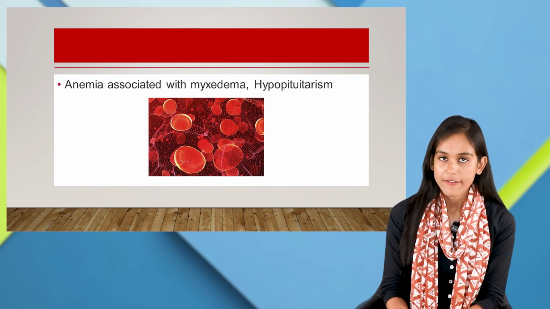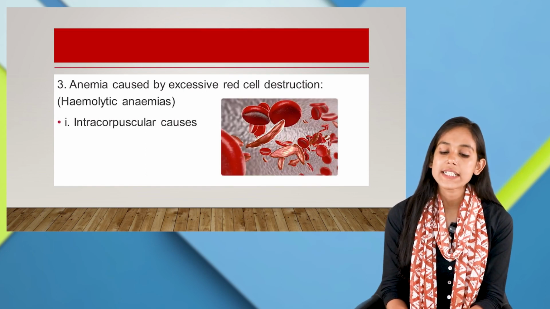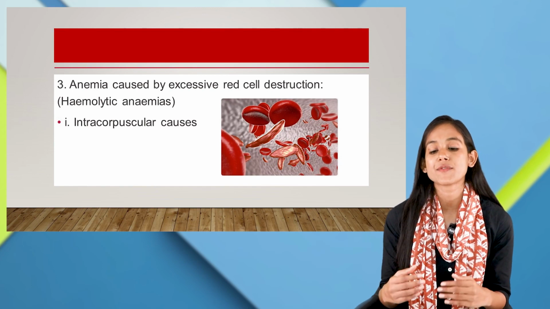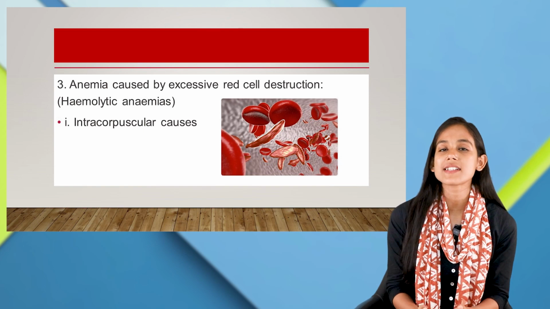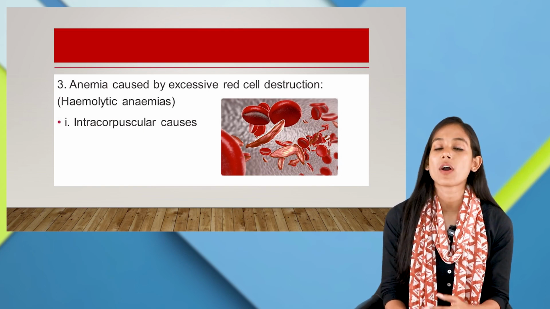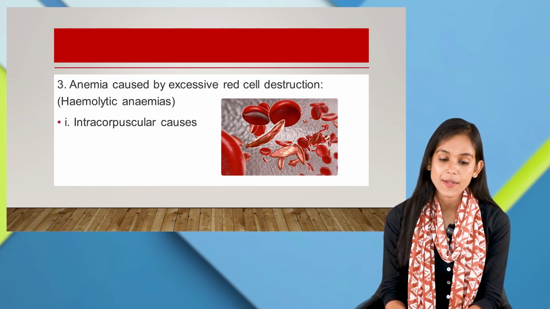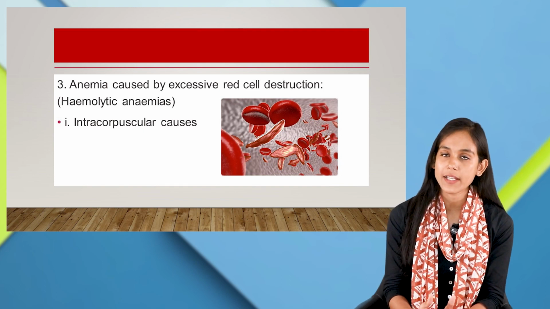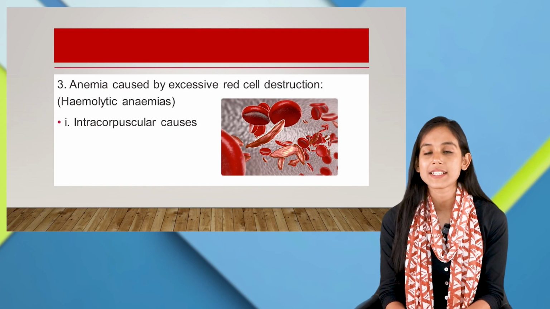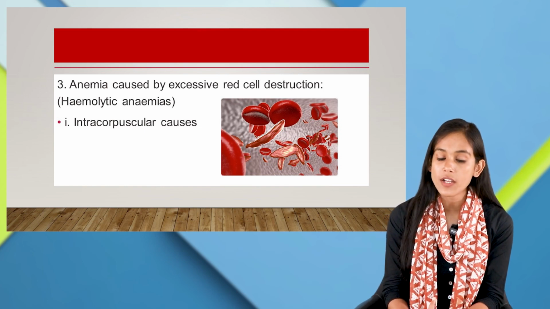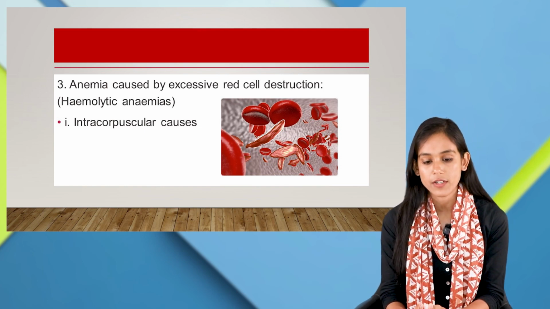So these are some of the cases where again there might be bone marrow dysfunction, but not related to the erythropoietic factors. Now the next one is anemia caused by excessive red cell destruction. When there is anemia due to excessive red cell destruction, we call it hemolytic anemia. In hemolytic anemias we basically have two types: intracorpuscular causes and extracorpuscular causes.